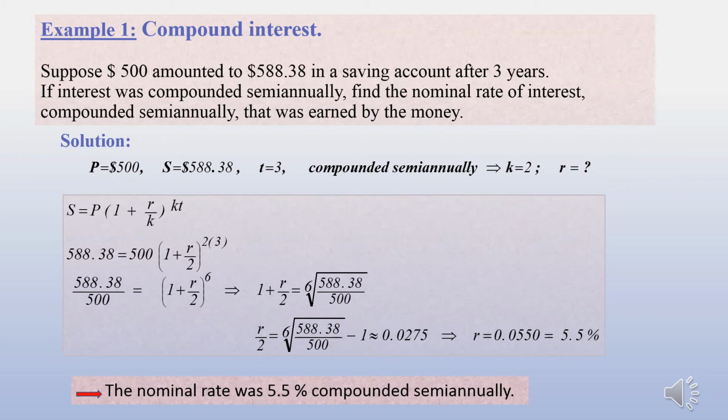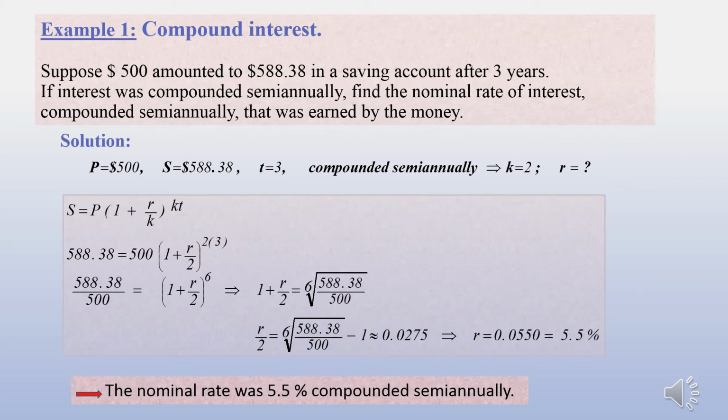We use the formula that we have before, the formula of compound amount: S equal to P multiplied with (1 plus R over K) to the degree of KT. We substitute each of the values. S equal to 588.38, P is 500, K equal to 2, and T is equal to 3.